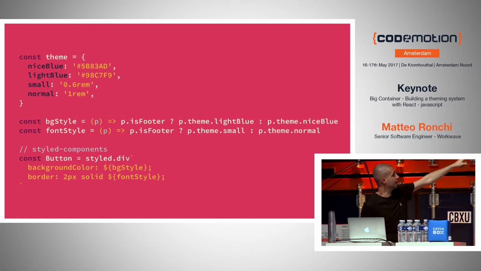Then inside the styled div template string offered by styled components, we pass those dynamic selectors that will be invoked by styled components every time the component receives new properties. Those properties will be passed to bgStyle and fontStyle, which compute the right style and produce the desired output.